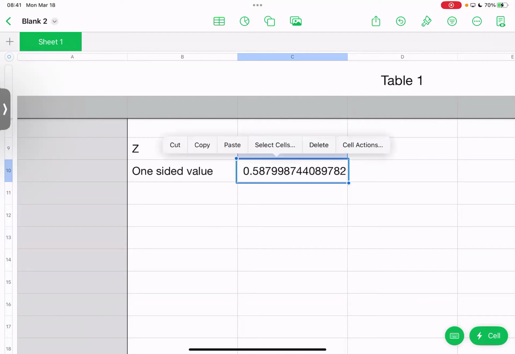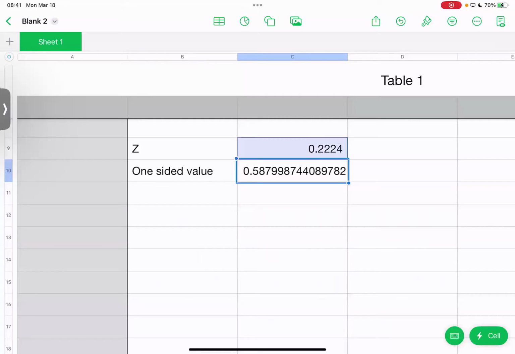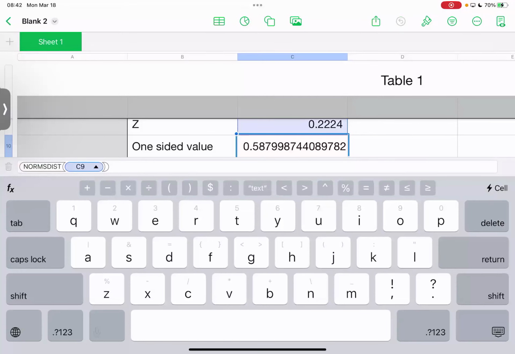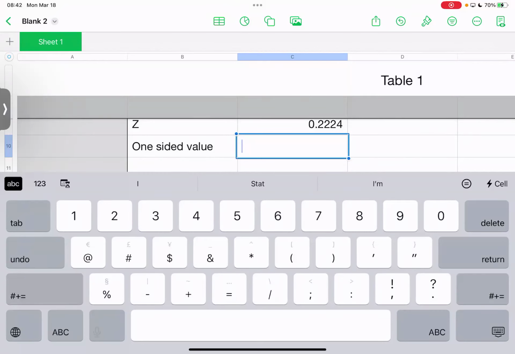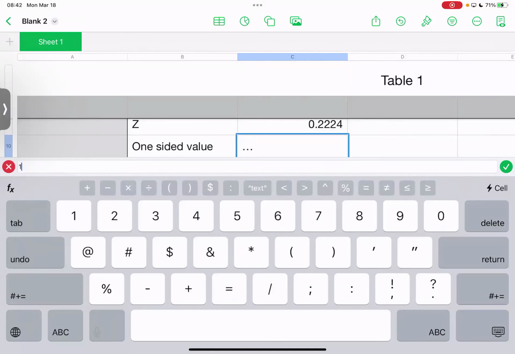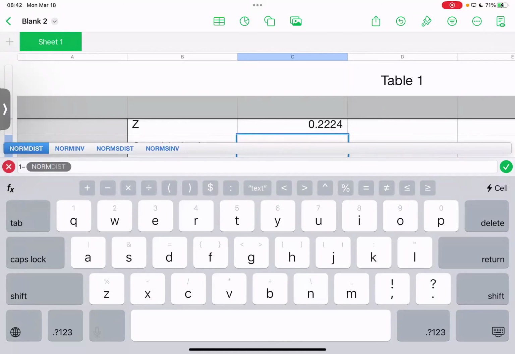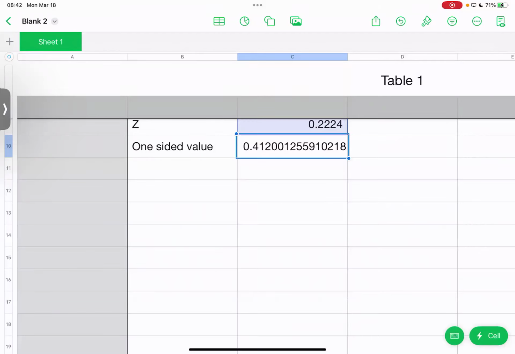And so what I want, I'm going to adjust this, but how? 1 minus norm.s.dist of this Z. That's going to give me the area to the left, right.